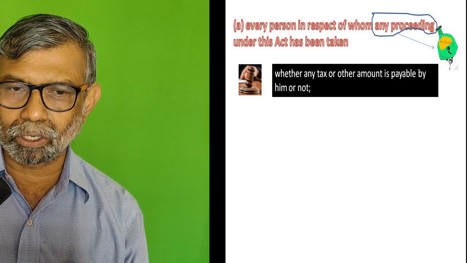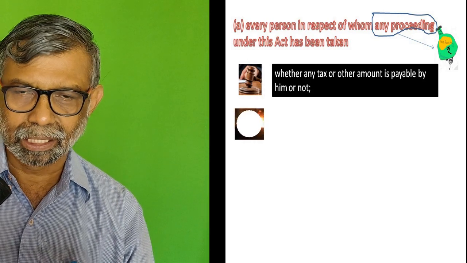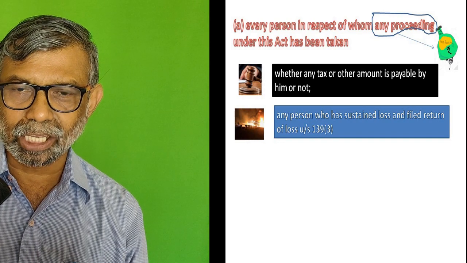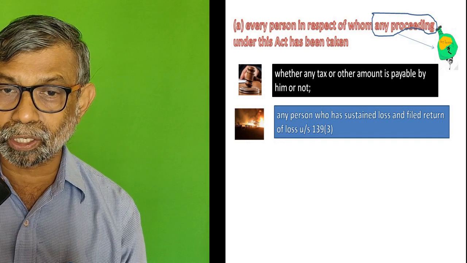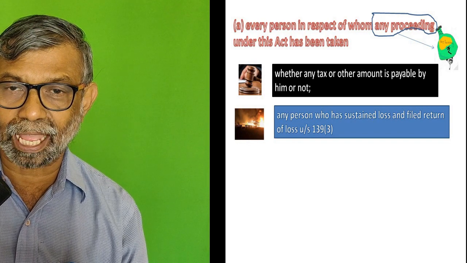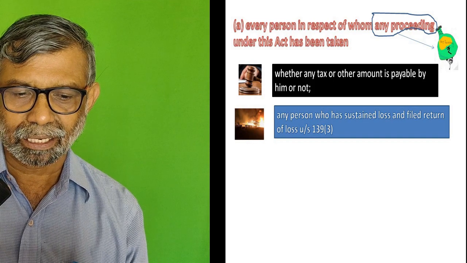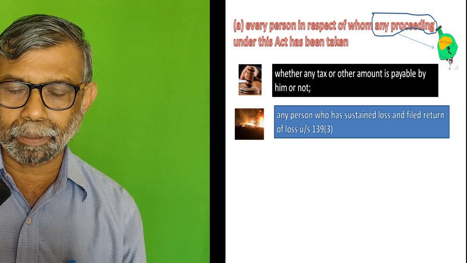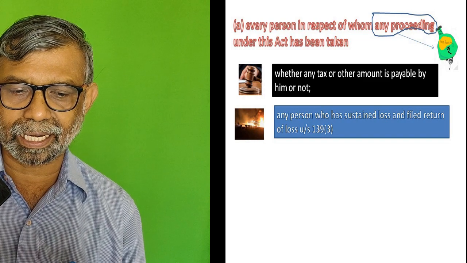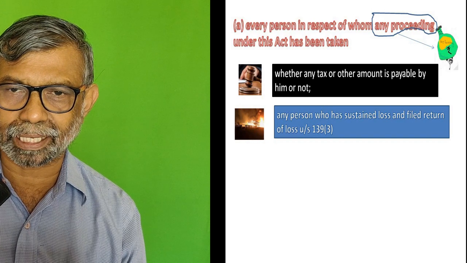Secondly, suppose you don't have an income, but a fire occurred, you lost many things. In such cases, your loss is also informed to the Income Tax Department through filing a return. We will see the return in the next lecture. So, any person who has sustained a loss and filed a return of loss under section 139(3) is also called an assessee.